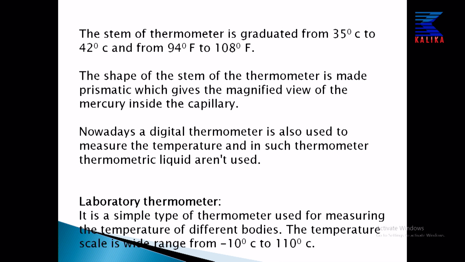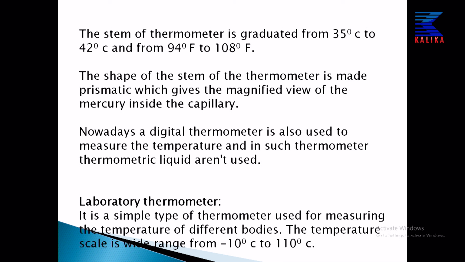Nowadays, we are using this type of thermometer. It is a digital thermometer. This type of thermometer is also used to measure the temperature, and in such thermometers, thermometric liquid is not used. Different instruments are used; some thermometers work on the principle of infrared radiation.